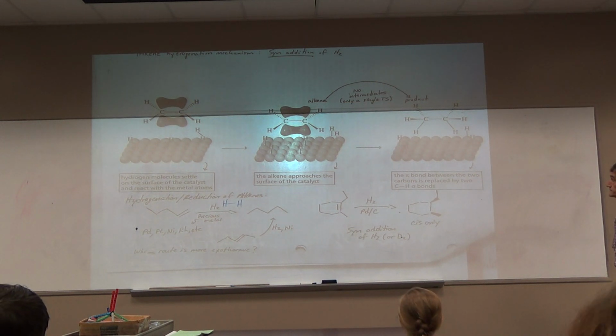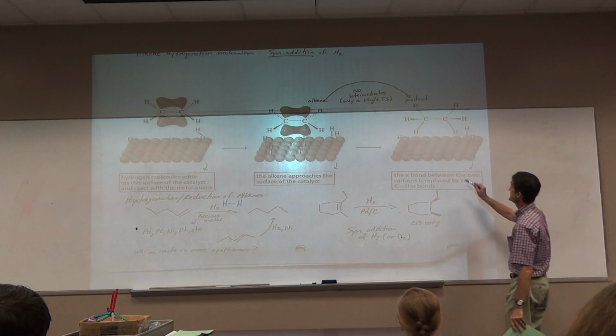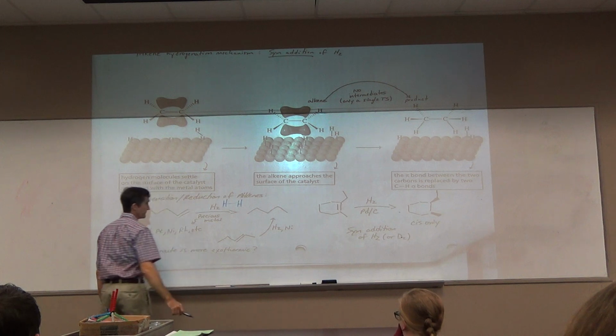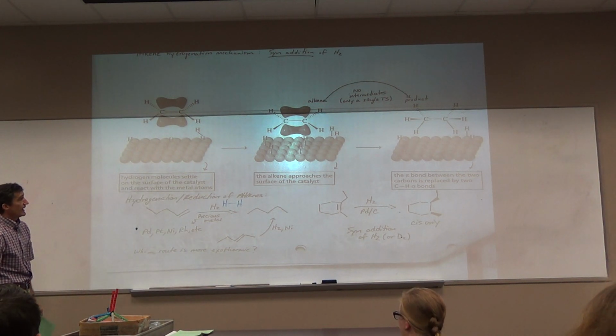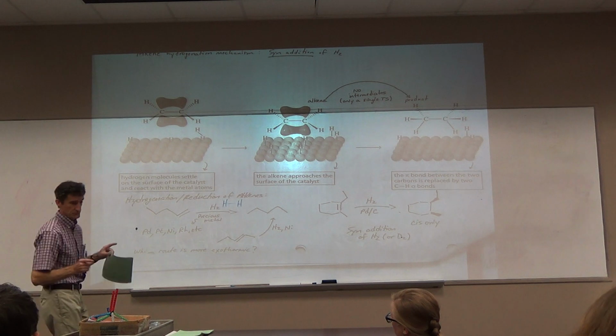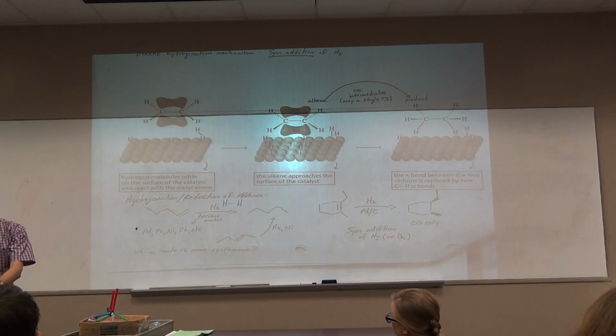All right? If you want more details about how this might happen, well, start with your book and then move on from there. It's not an ionic mechanism. There's no ions anywhere. There's only one transition state. It's just H's in.